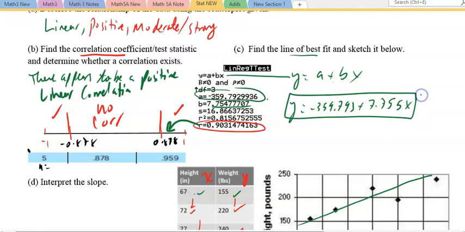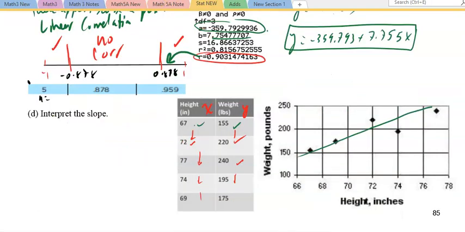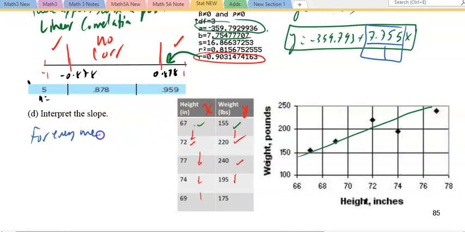There it is. Now comes the important part. Interpret the slope. There's the slope. Every time you look at the slope, you put it over 1.